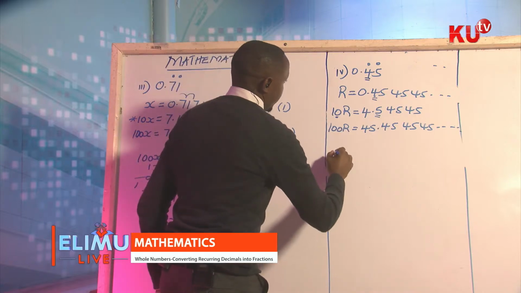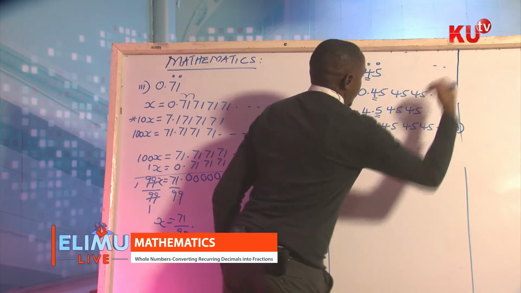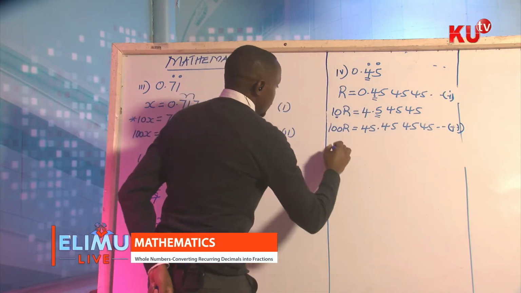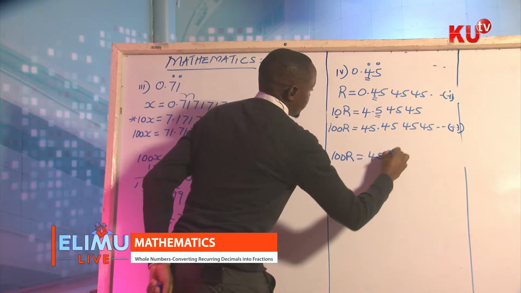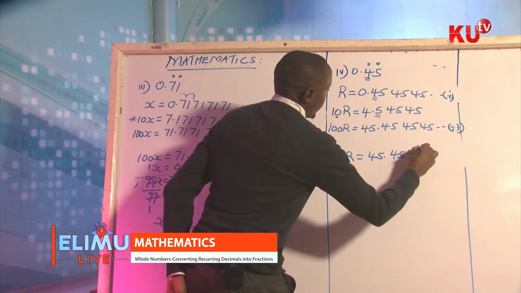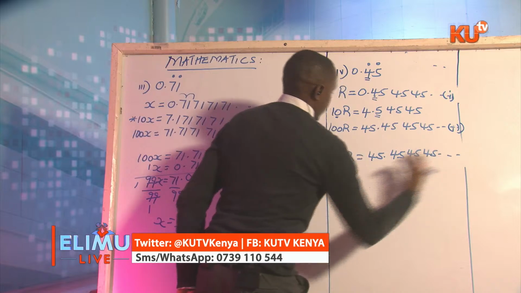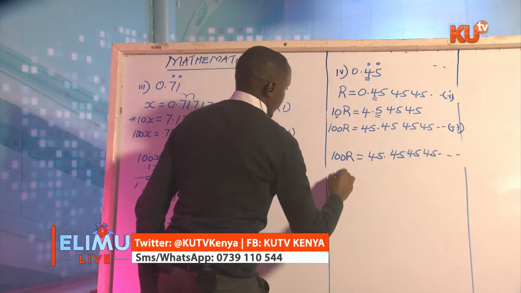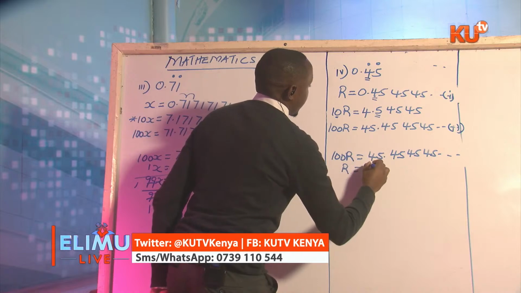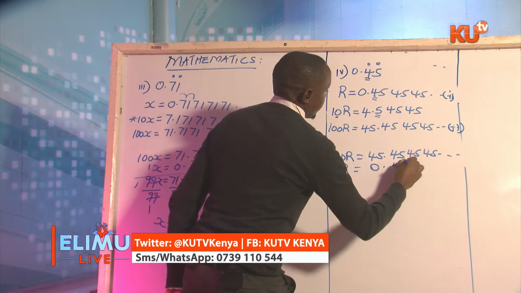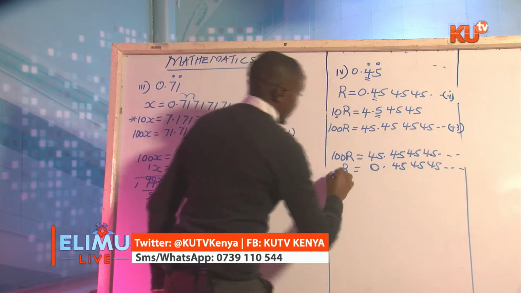So we shall pick equation 2 and subtract equation 1 from it. 100r is equal to 45.454545 recurring, subtract r, which is 0.454545 recurring.